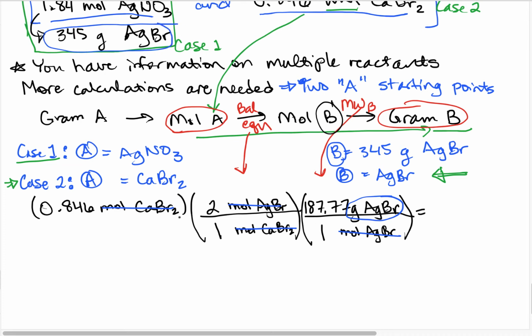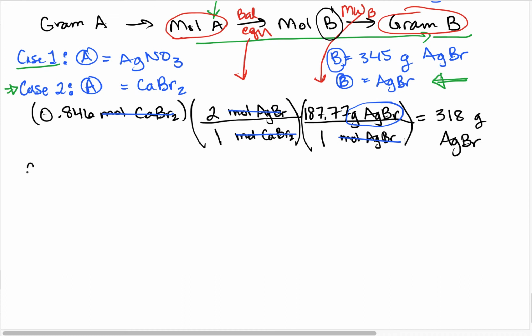So when you do your math now, we're just putting this into our calculator. 0.846 multiplied by 2 divided by 1, which doesn't change it, times 187.77 divided by 1 again. And so the answer that I get here is 318 grams of silver bromide. So let's check back in. I'm going to rewrite these.